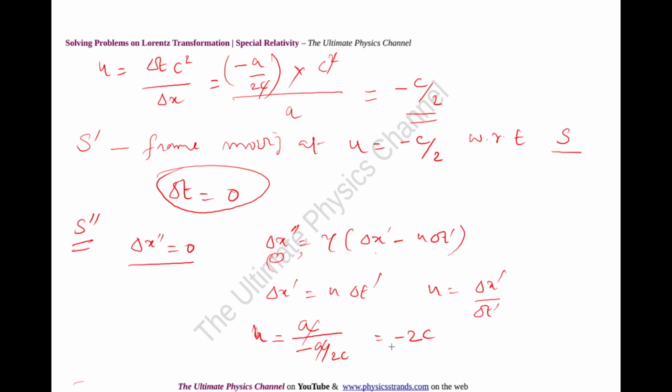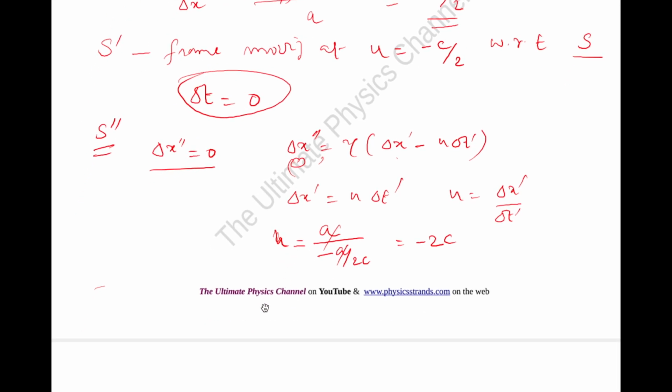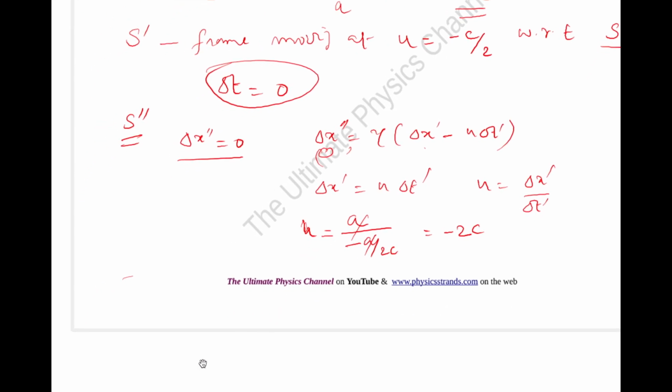So this implies a frame of reference that travels at twice the speed of light in the opposite direction. In such a frame of reference, the two events will occur at the same position, and no such frame of reference can exist. No such frame can exist.